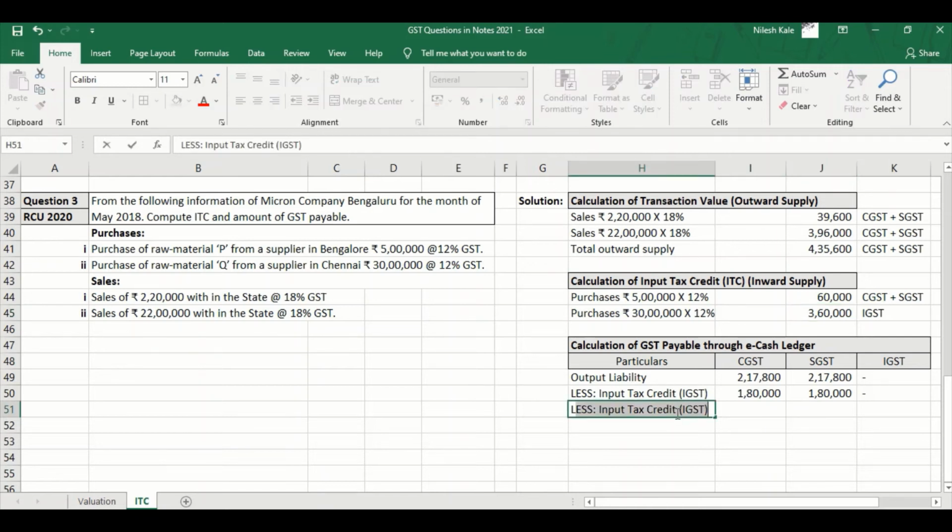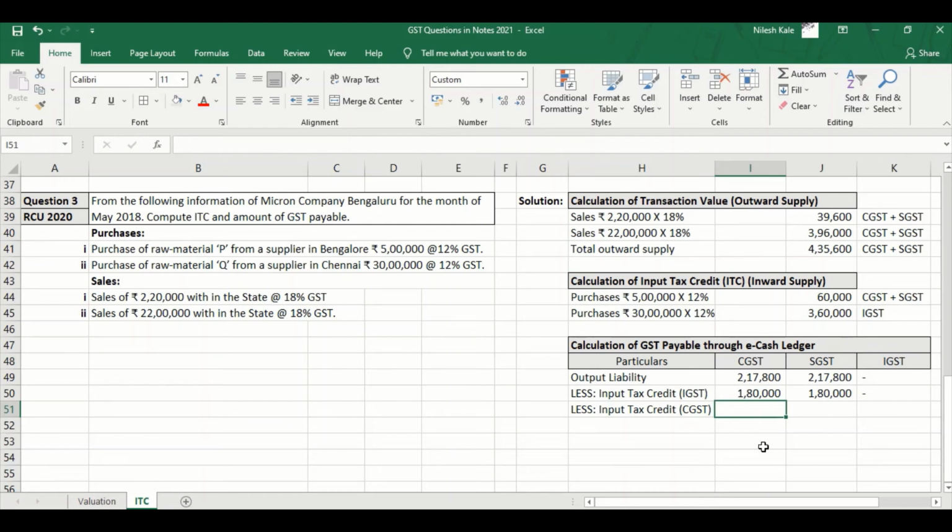Next, less input tax credit of, I will only change the values here, CGST. Now 60,000 is available for these two, CGST plus SGST, divided by 2, because see, the same value is used for both of these transactions. Here also it has been done the same, and we'll do it.